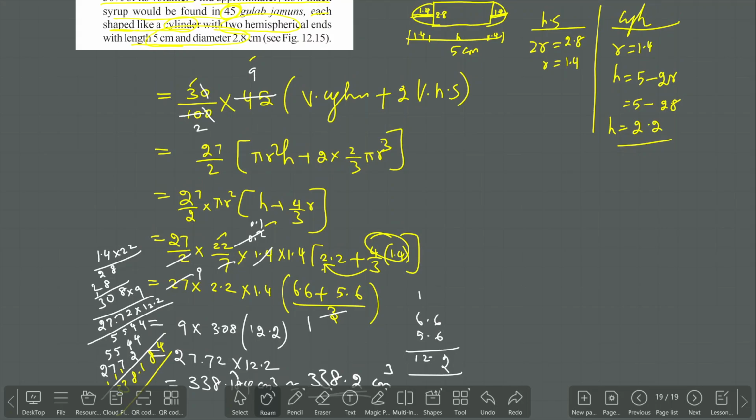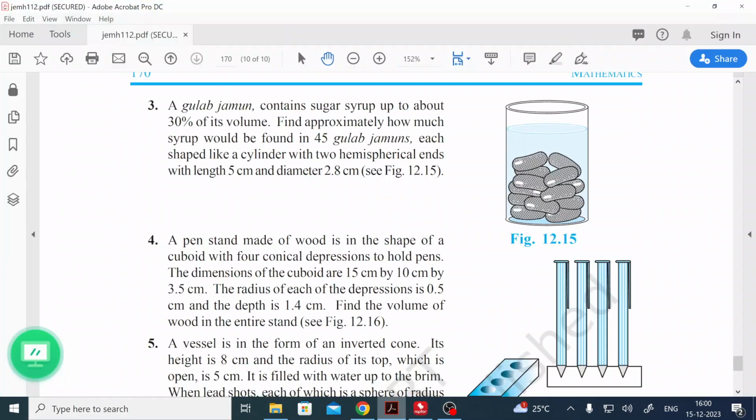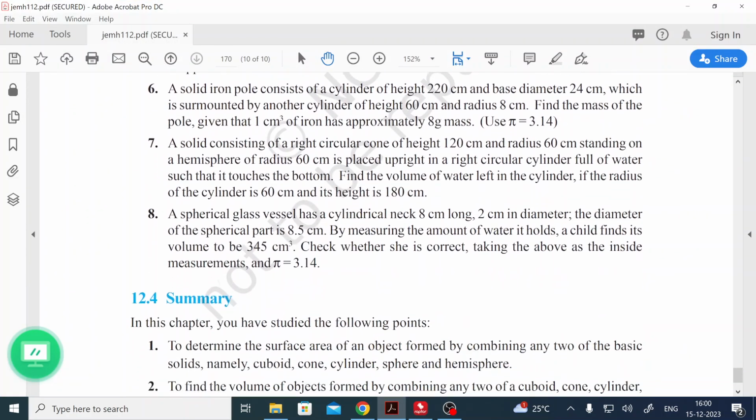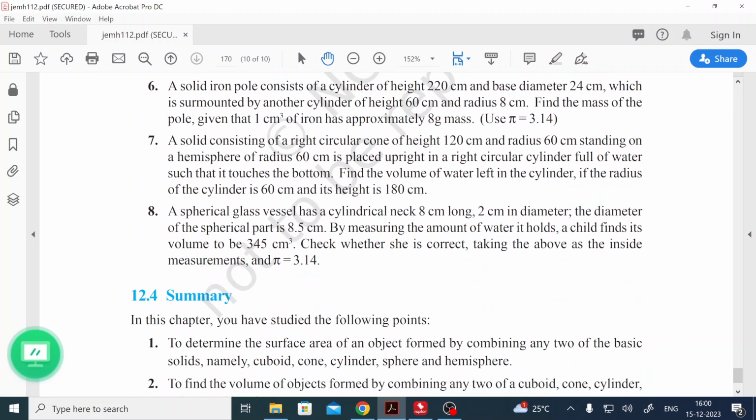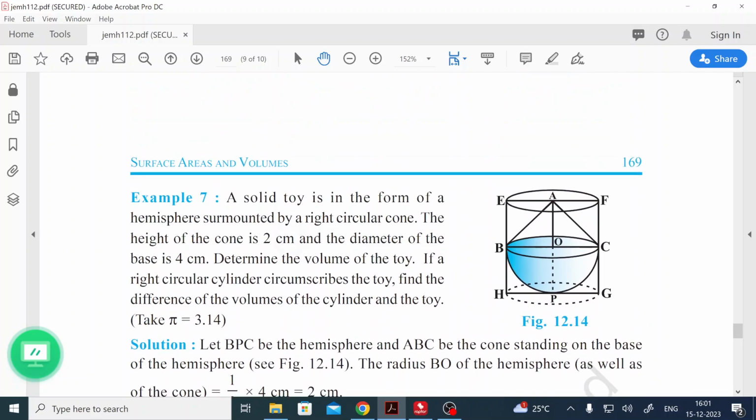Okay. Apart from this, anything else from 13th chapter? Okay, 13th chapter over. Leave it. Anything else? 12th chapter you go. From this, what is 7? Solid right circular cone 120 centimeter, full of water. Example 7 model you tried.